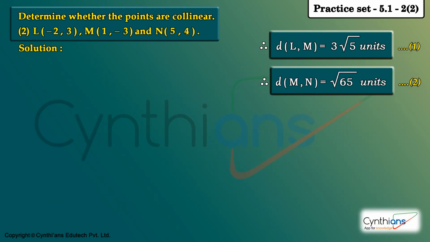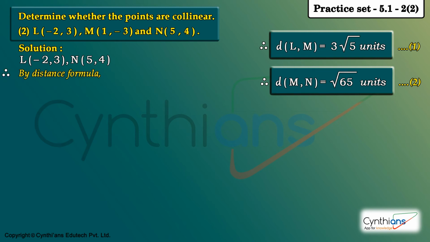Next, let's take points L and N and find the distance between them. So let's take coordinates for point L as x1, y1 and coordinates for point N as x2, y2. So x1 becomes minus 2, y1 becomes 3, x2 becomes 5, y2 becomes 4. Let's apply the distance formula.